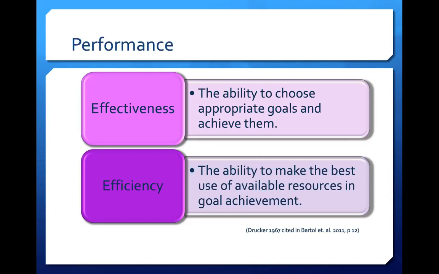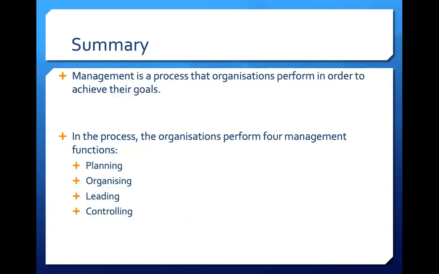So when it comes to efficiency, it considers the resources that we spend to achieve the goal, whilst effectiveness is about making a decision about the goal and achieving the goal, regardless of the resources that we spend. Whilst efficiency discusses the resources.